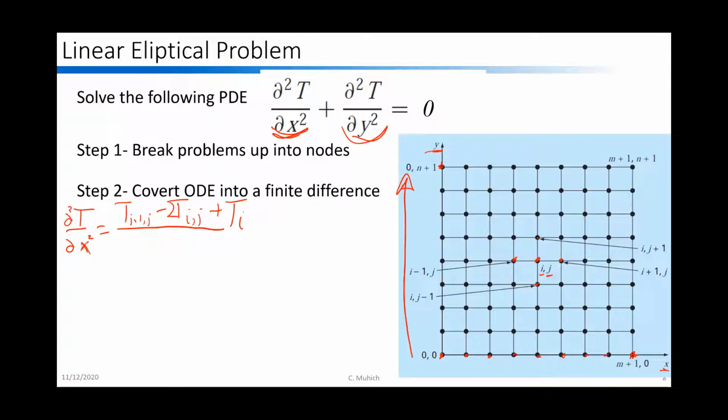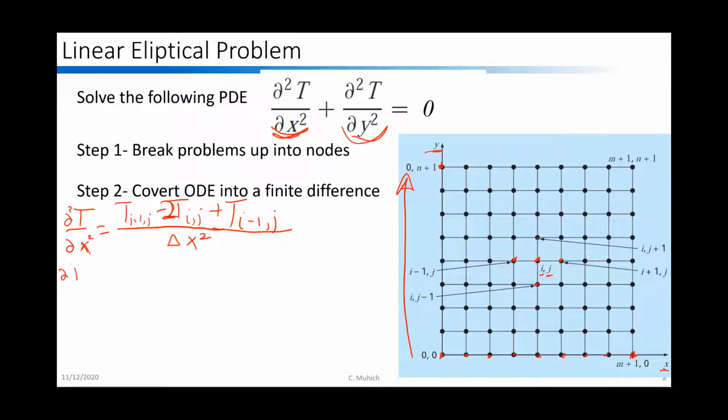So that's i minus 1 comma j, all over delta x squared. Right? So this is just substituting my definition for a partial derivative using a finite difference. Remember, all the way back to when we were talking about calculating partial derivatives from numbers. Now we're just going backwards.